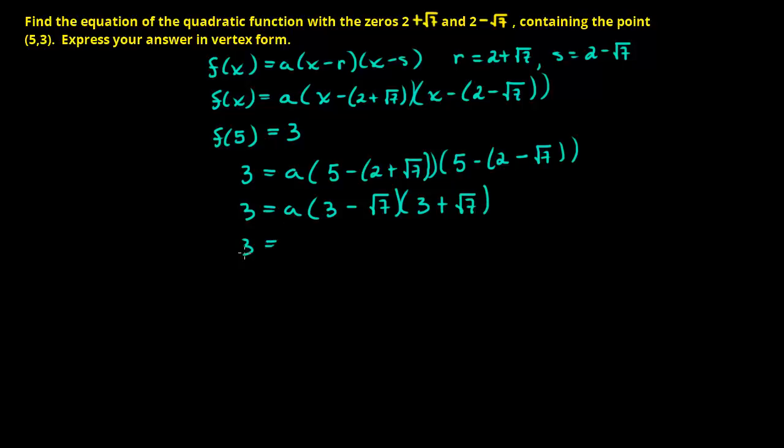So now I've got this in a convenient form for multiplying these two numbers, because I've got a product of conjugates. So I would get a times (3 squared minus root 7 squared).